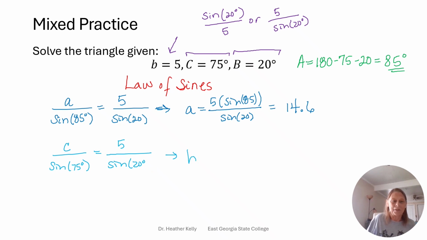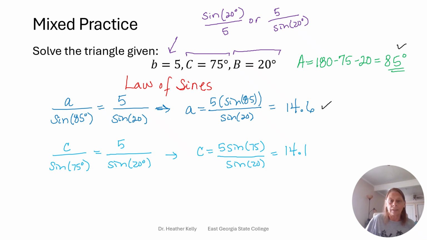Again, c. Here we go. All right. C is equal to 5 sine of 75 over the sine of 20. And we get 14.1. And so we have angle A, side A, and side C.